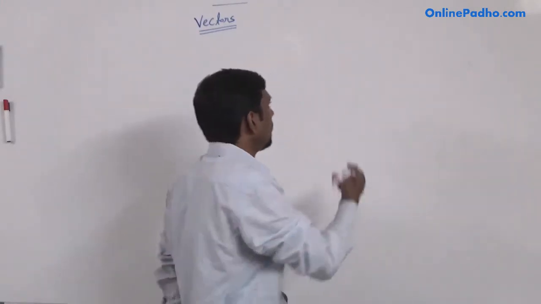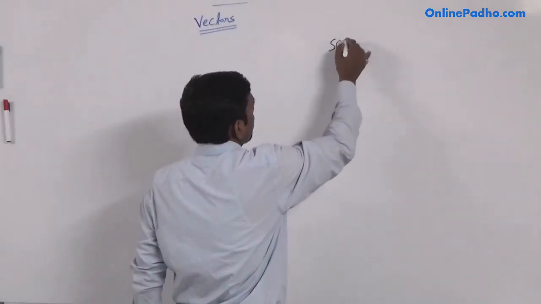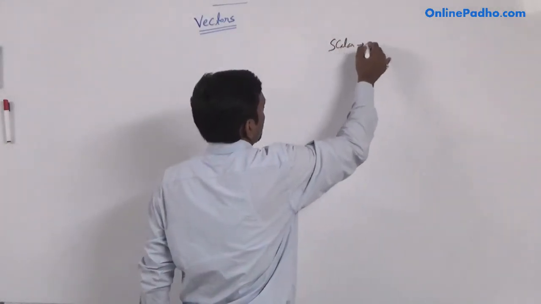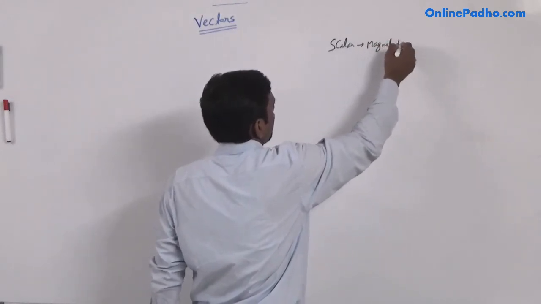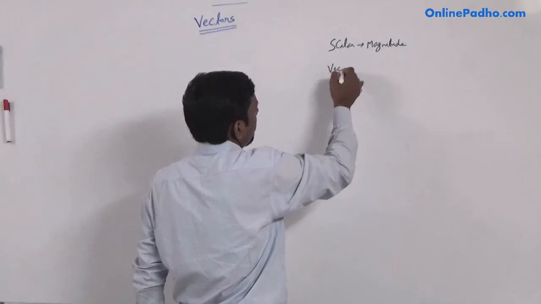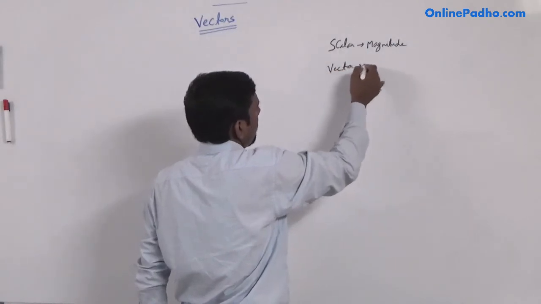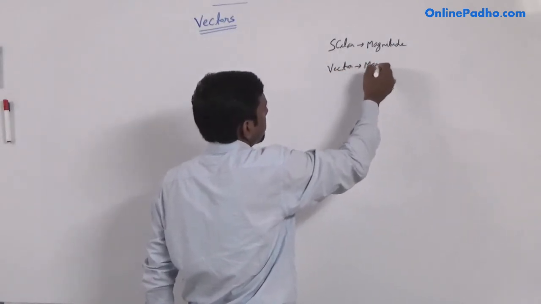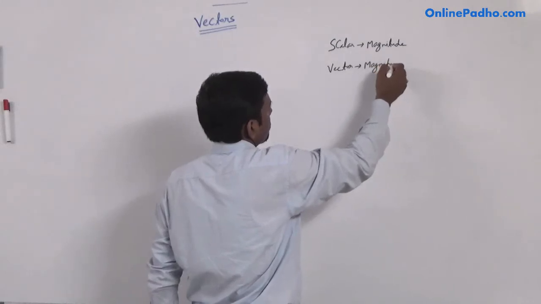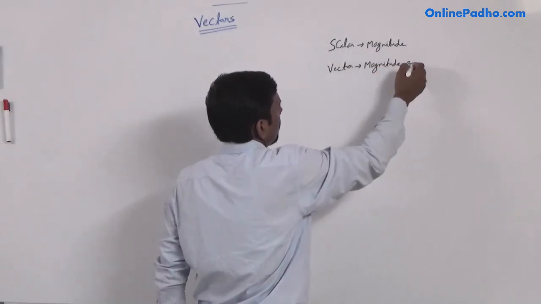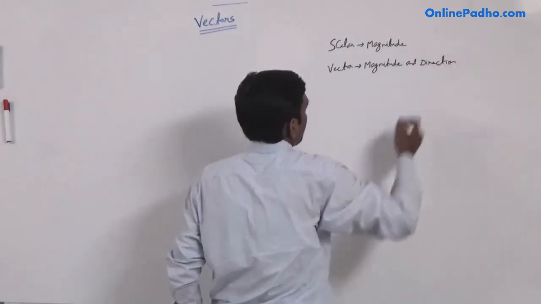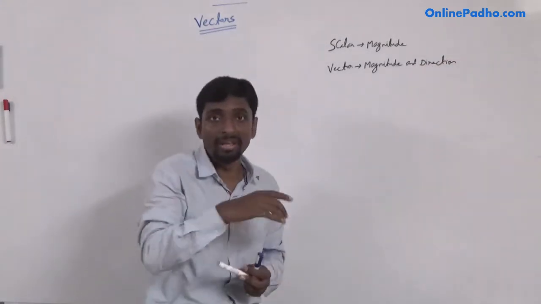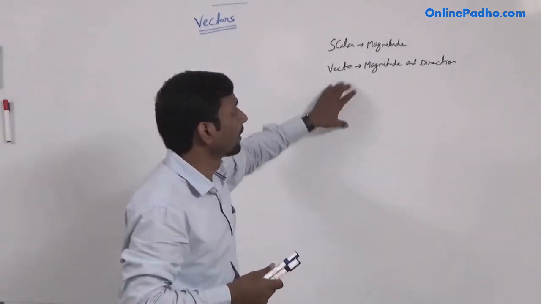The scalar quantity has magnitude only, but the vector quantity represents magnitude with direction. This type of quantity which represents magnitude with direction is called the vector quantity.